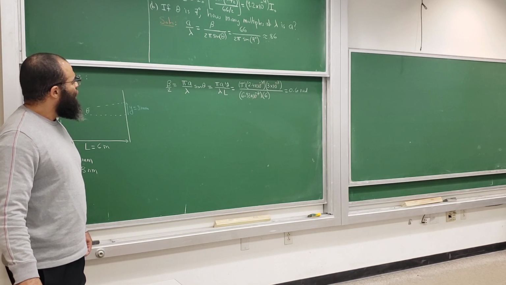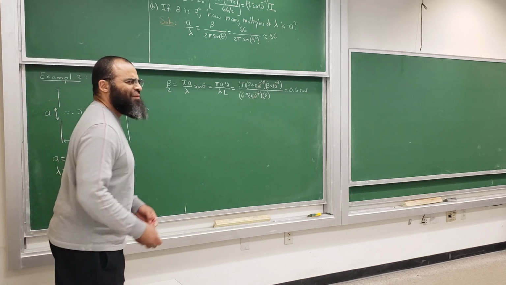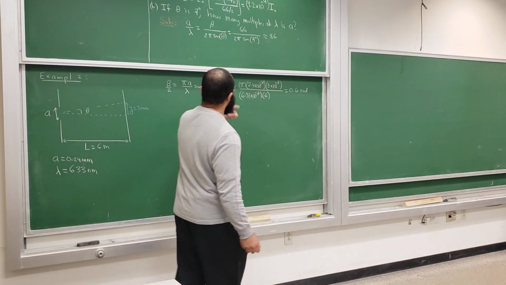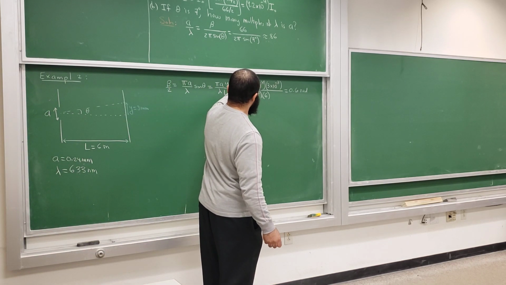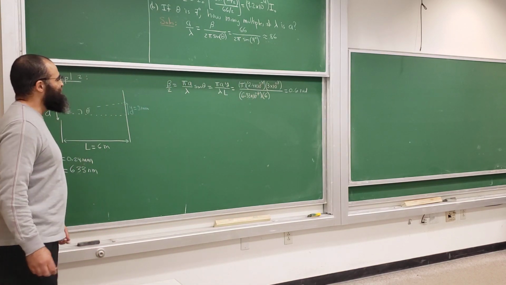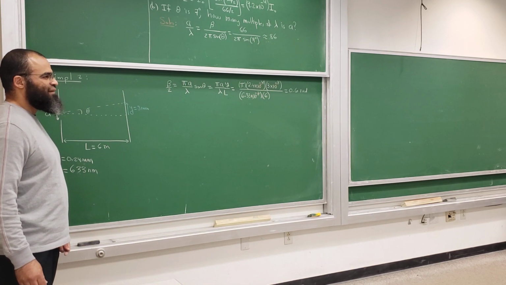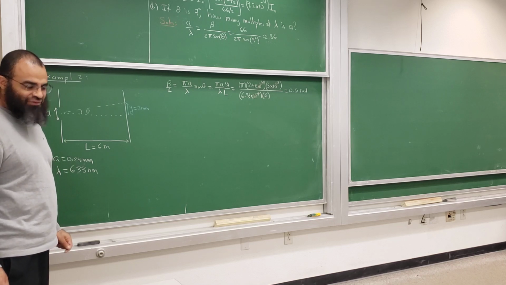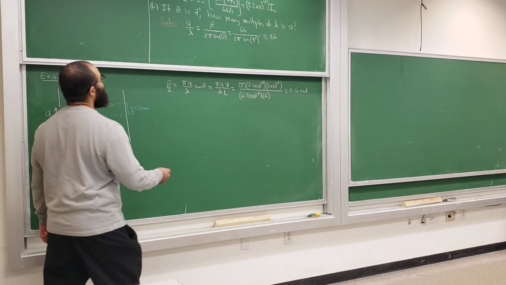I'm thinking 0.06, because you're left with about 3 over 6. Okay, that's fine. Sounds good. All right, we're doing okay.